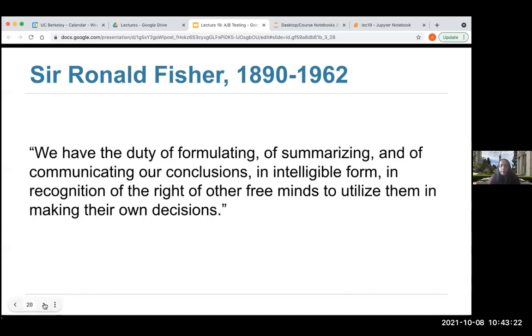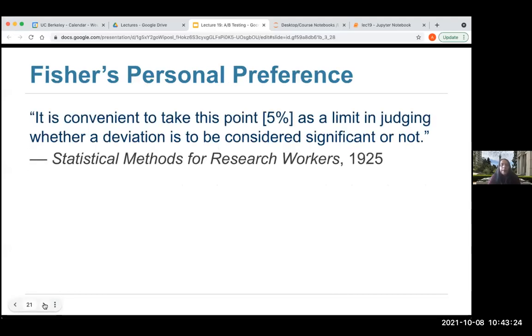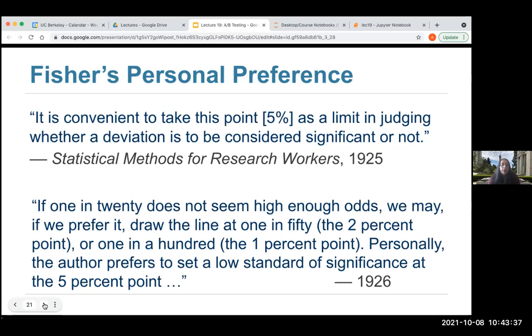It came from a paper that he wrote, where he said it is convenient to take 5% as a cutoff. Convenient to whom? Convenient to him. Indeed, the next year he wrote, if 1 in 20, that's 5%, doesn't seem right to you, then you might use a smaller cutoff.